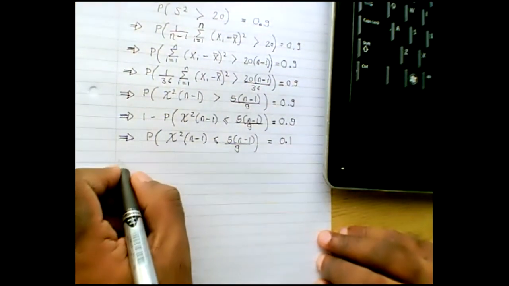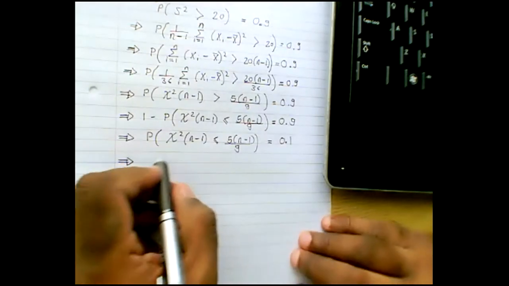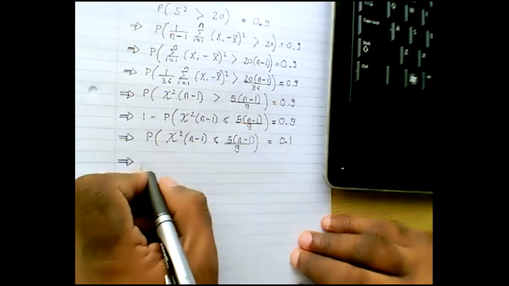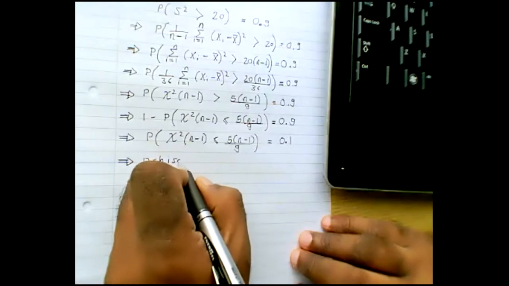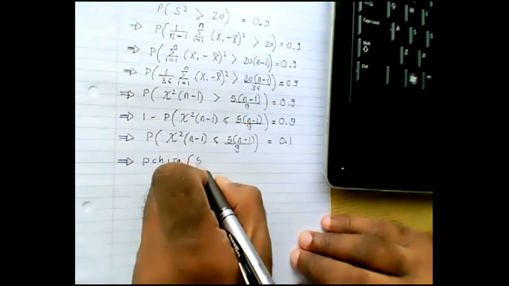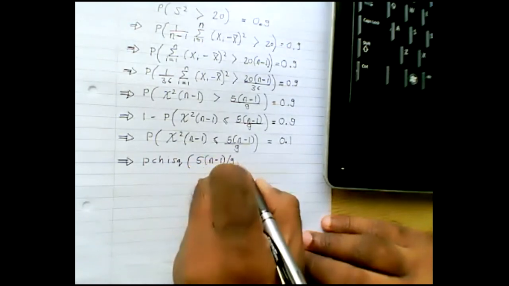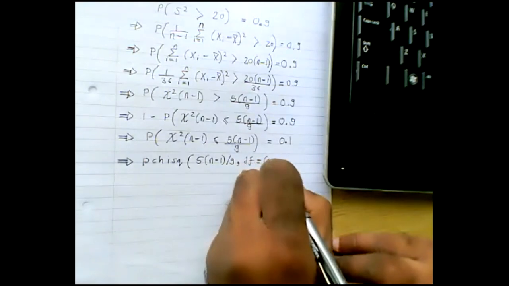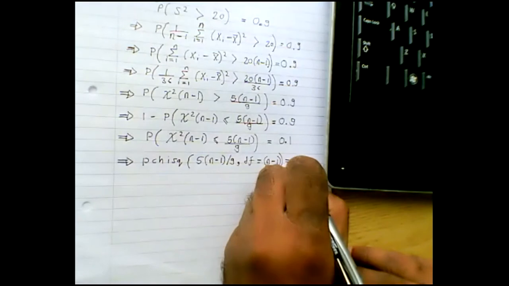And once again, if you're using R, you can compute this probability using the following command: pchisq, open brackets, at this value, with the degrees of freedom equal to n minus 1. And this is equal to 0.1.